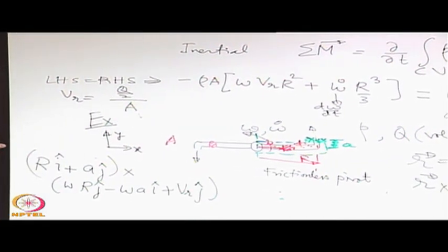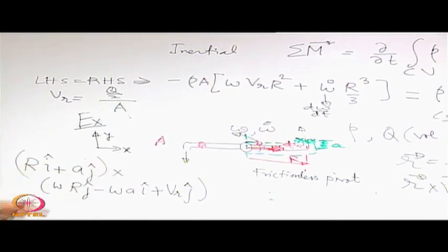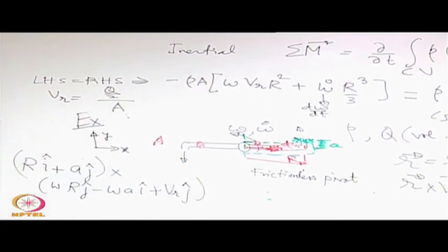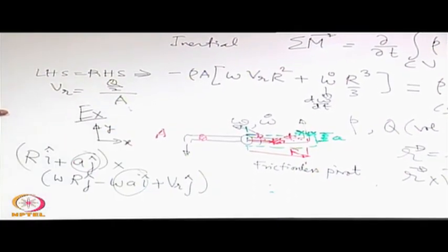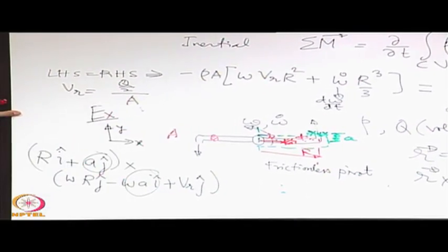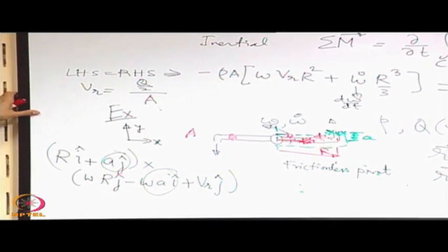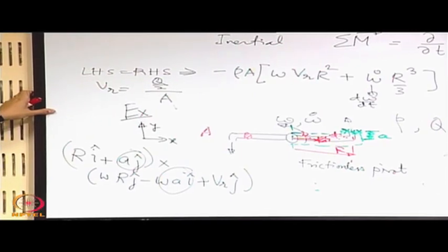So here if you neglect small a, like that is what is given in the statement of the problem. So, just neglect the small a part. So, it is omega r plus Vr into capital R k.